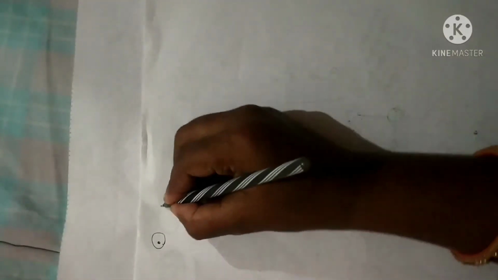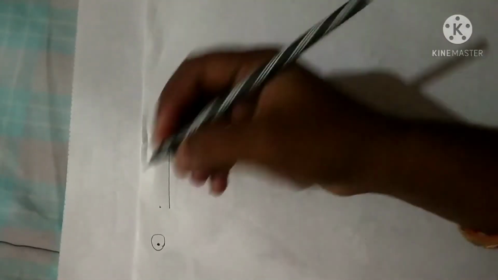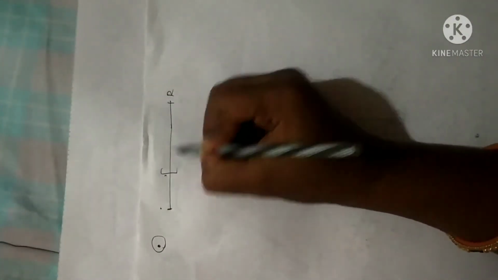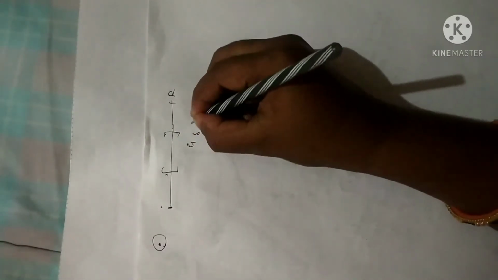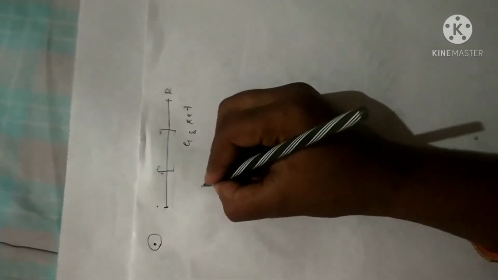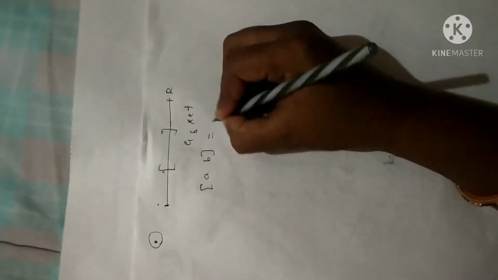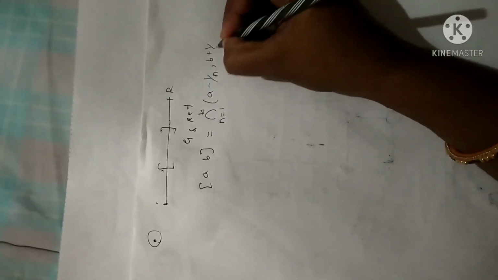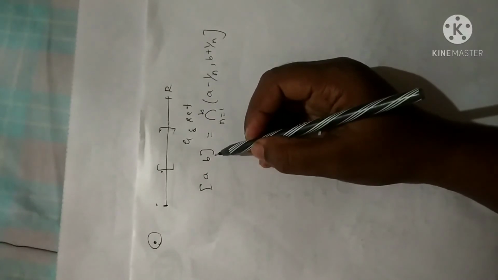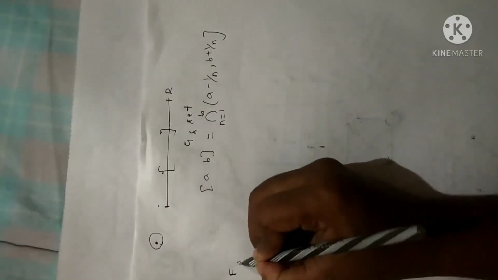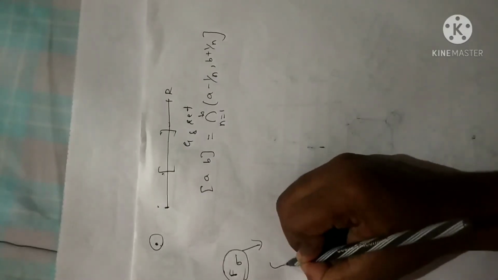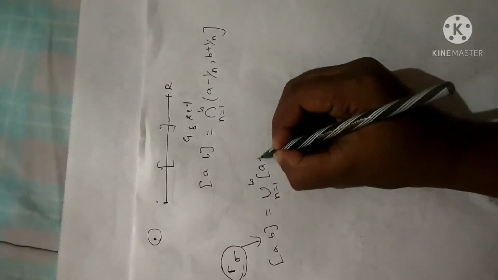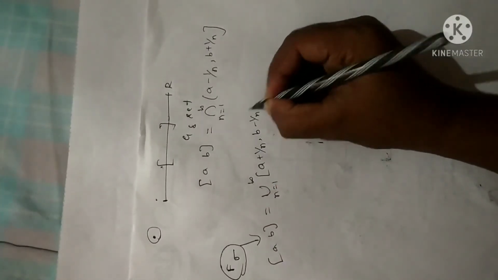Now coming to the properties of G delta sets. One of the properties is that if you consider the real numbers R, then any closed interval inside R will be an example for a G delta set. In the sense, if you consider a closed interval [a, b], it is the intersection of (a - 1/n, b + 1/n). Remember, if you talk about F sigma, the closed interval [a, b] can be expressed as the union for n equal to 1 to infinity of [a + 1/n, b - 1/n].